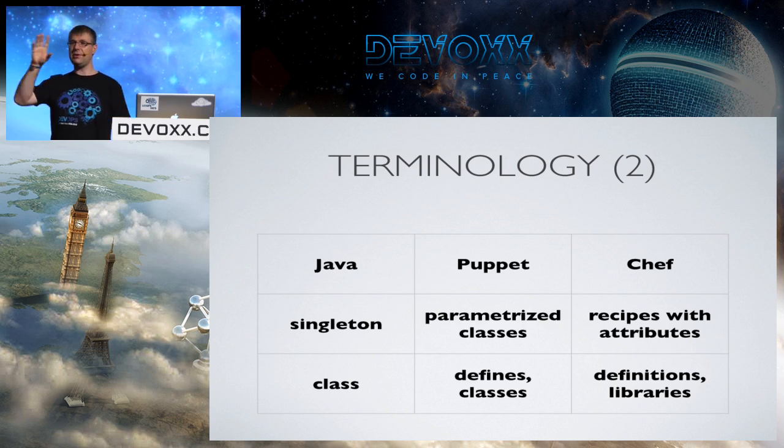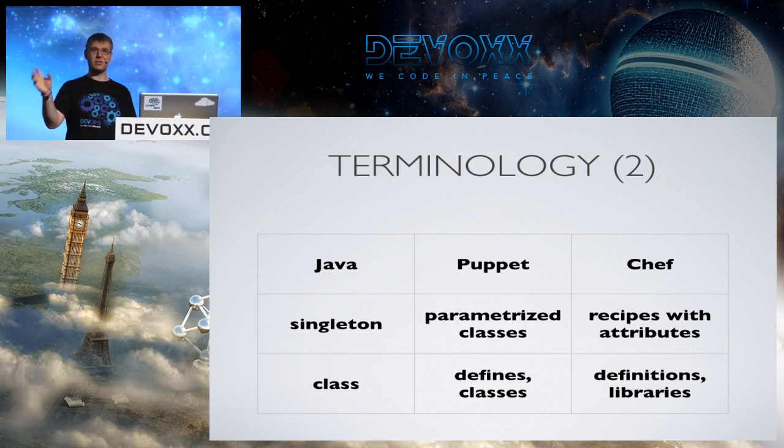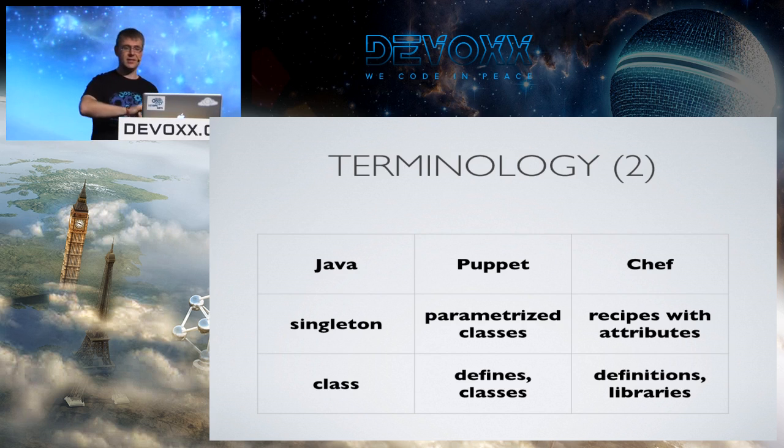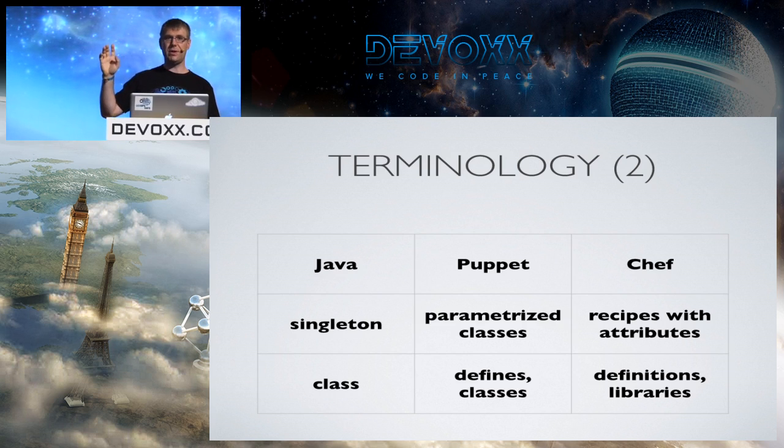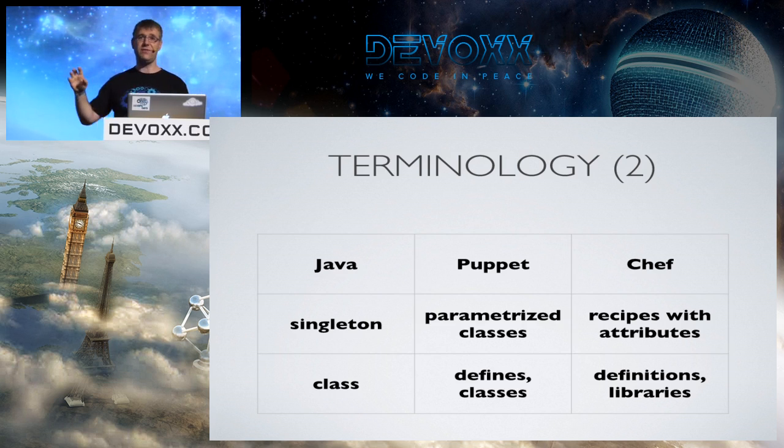A lot of people coming from the OO world starting to use Puppet or Chef think, okay, what's the concept of class? Well, let's take this. In my opinion, it's actually better to directly start with defines and not use parameterized classes, because that gives you the flexibility to always be able to install multiple of these, unless you really, really want a singleton.